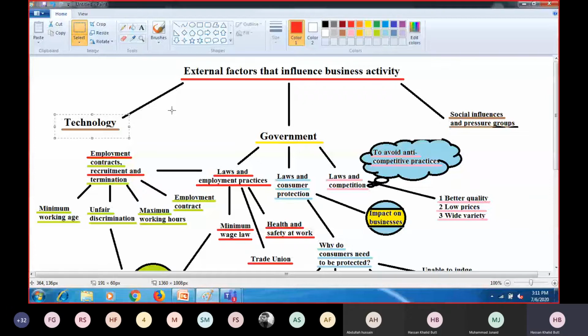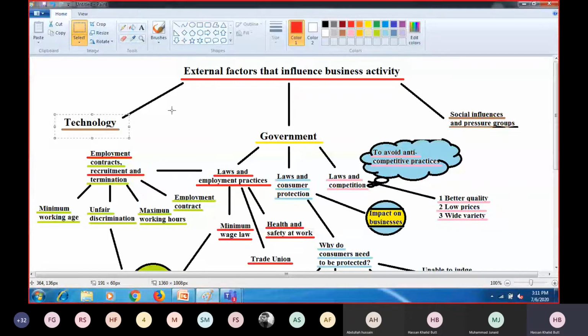If there is a change in an external factor, for example, technology improves and now there is a new technology. Let's say there is a textile mill, and now there is a new technology coming in the market, which textile owners can use in their factories. So now there is a change coming in. You cannot stop that technology from coming into your region.